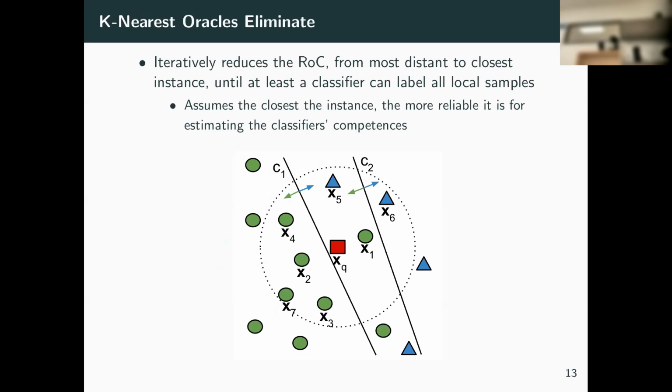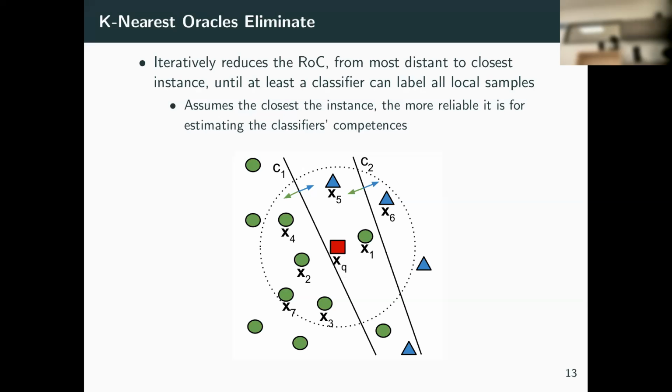For instance, in this example the circle is the region of competence, a neighborhood obtained with the KNN, which the KNORA-E uses. We have two classes, the green one and the blue one, the blue being the positive class. The query is in the middle, the XQ, and it's from the blue class.